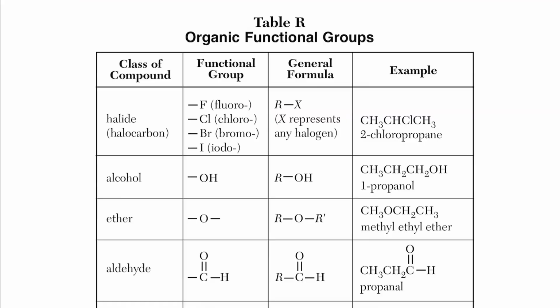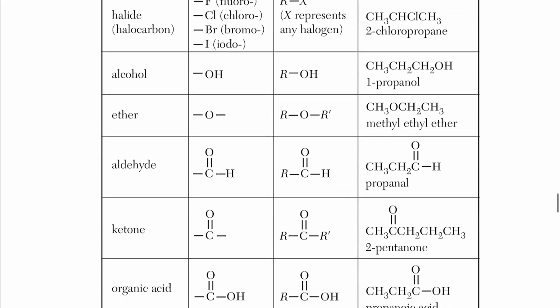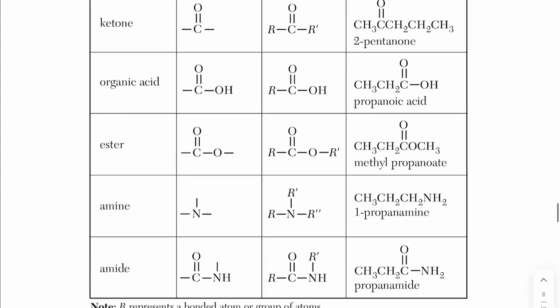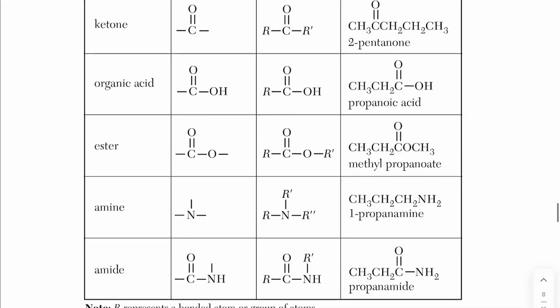So here's Table R in all of its glory. We're going to go find the amide. And so I go find the amide, or was it an amine? I'm losing track at this point in my life, but all I know is that for the amine, I think it was an amine, it's a nitrogen. If you notice, the nitrogen is bonded to the carbon, and same thing for an amide as well.